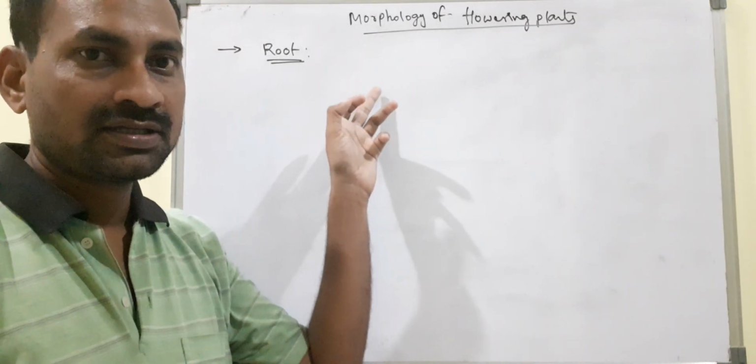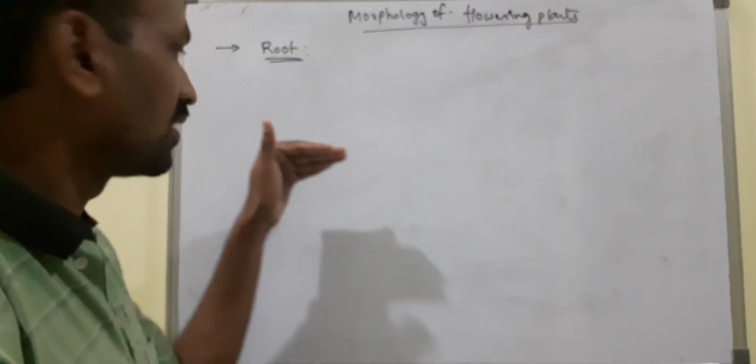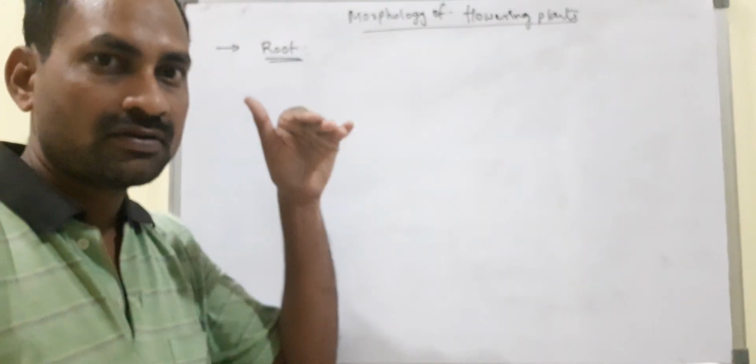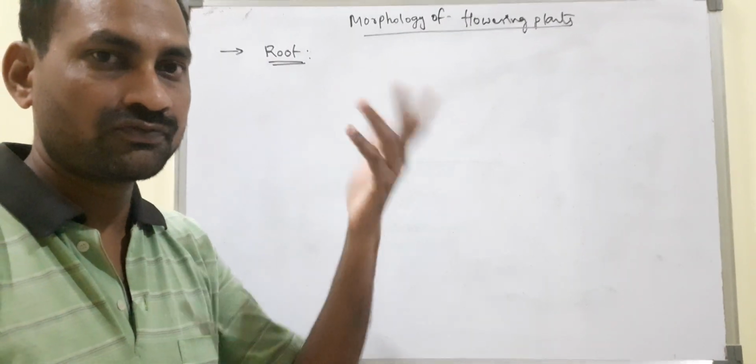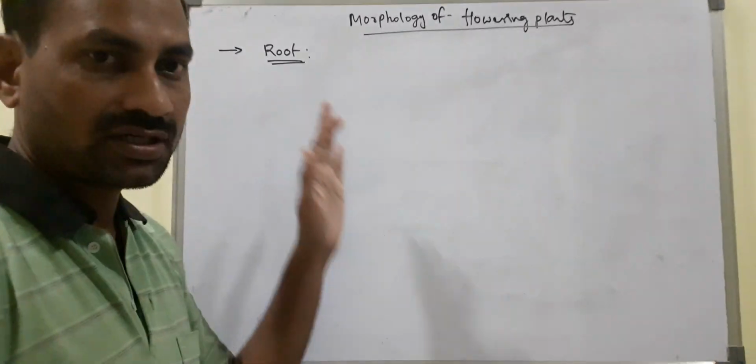That means it is present in the ground. Okay. So above the ground we can find stem, leaves, fruits, and all those things. Those are called the aerial system.